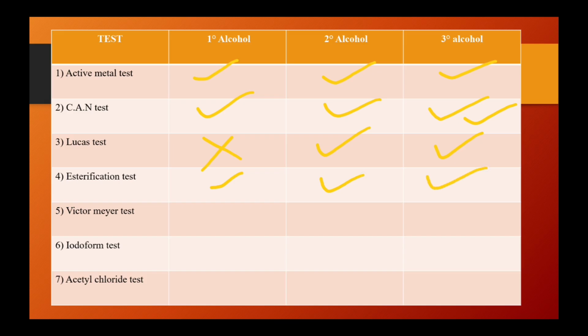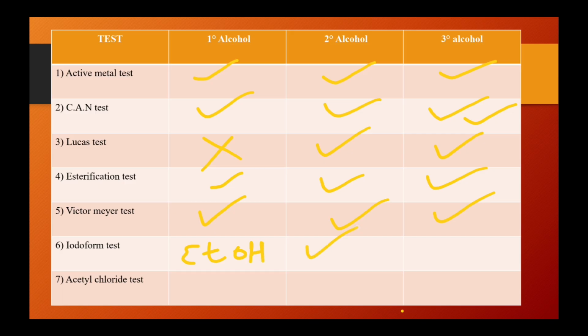Then the Victor Meyer test: primary alcohol will give blood red color, secondary alcohol will give blue color, and tertiary alcohol a colorless compound. Then the iodoform test: in primary alcohols, only ethyl alcohol, C2H5OH, will give the iodoform test.